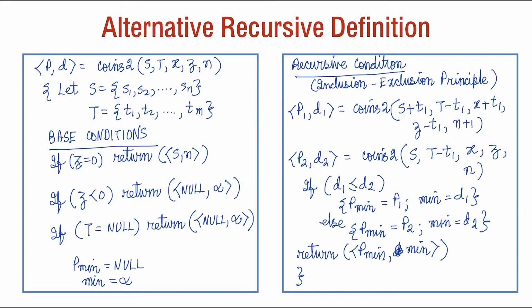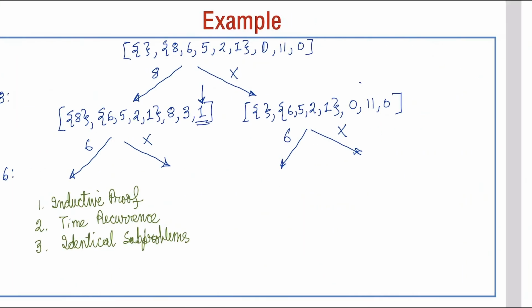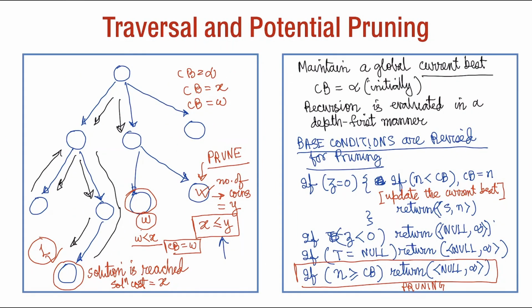If z is less than 0 or t is null, there is nothing to be done. But the new condition that we have added for pruning is this. So this is how we are able to add pruning to the tree.